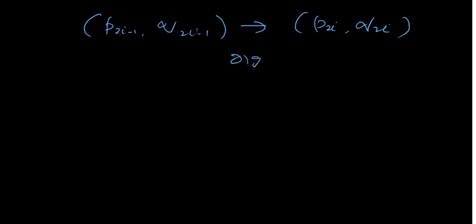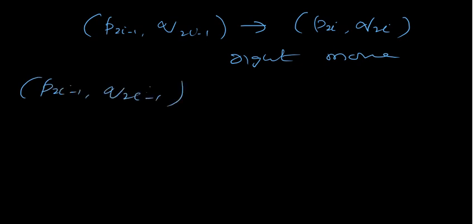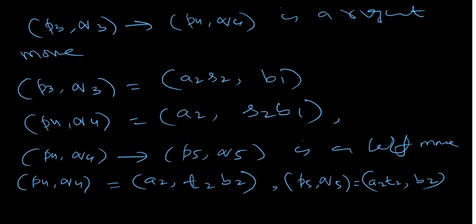I have P2i-1 Q2i-1 going to P2i Q2i. In that case, this is a right move. So for the right move we choose the element, and this element will remain the same. You can see here what this must be, P2i-1. You can see it for P3, but P3 is a factorization. And this Q3 is actually Q2i-1.